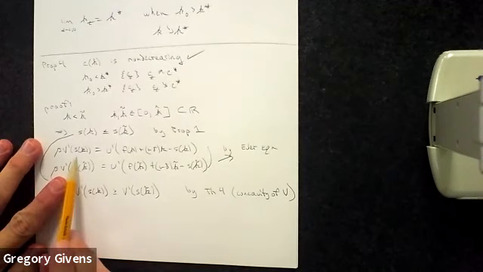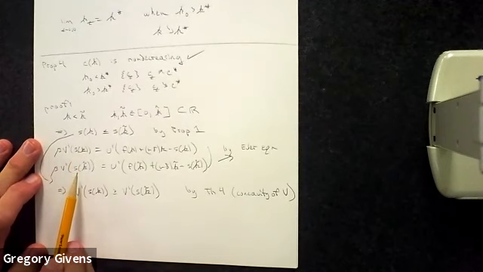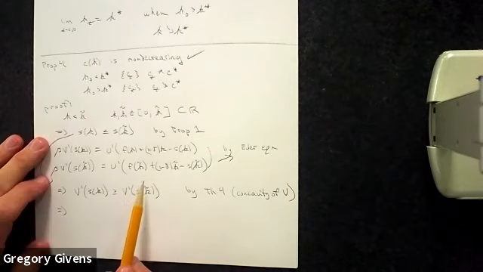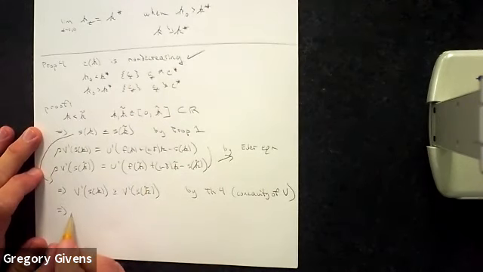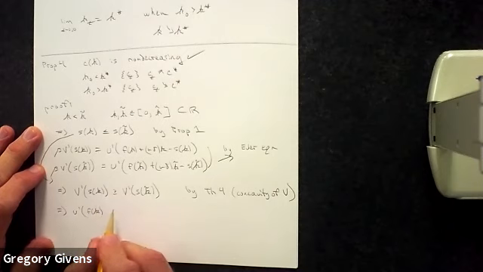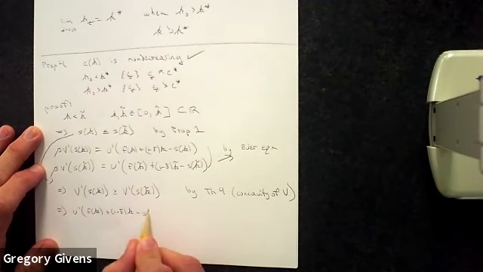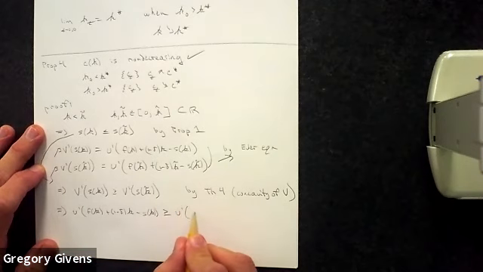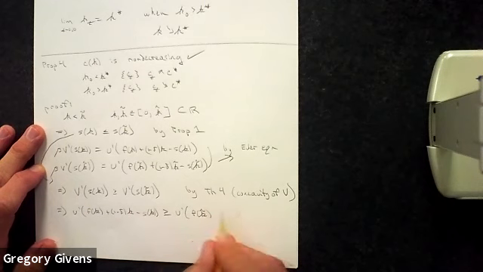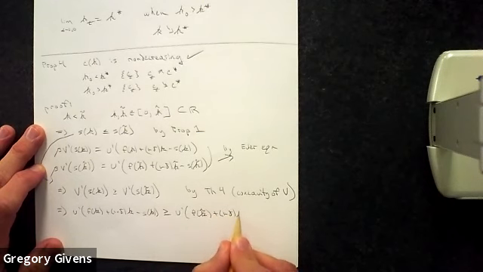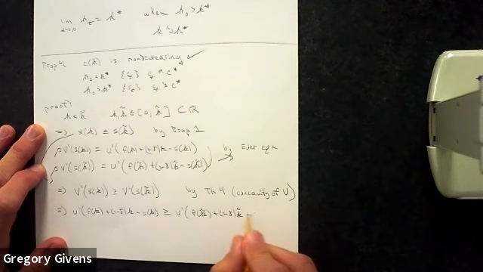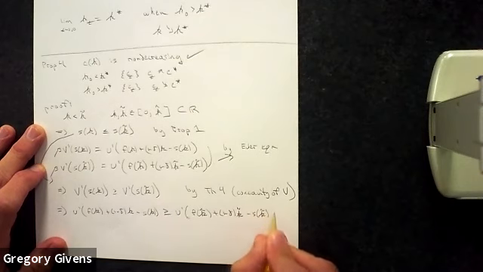If V prime of S of k is bigger than V prime of S of k tilde, it follows that we know something about the right-hand side, right? Then that means that U prime of F of k plus 1 minus delta k minus S of k has to be bigger than or equal to U prime of F of k tilde plus 1 minus delta k tilde minus S of k tilde, right?